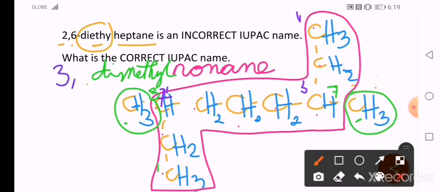So therefore, that would be 3,7-dimethylnonane. So, wrong ang pangalan na 2,6-diethylheptane because if we're going to draw the structure and following all the IUPAC rules in naming alkane, we come up with the correct name, 3,7-dimethylnonane.